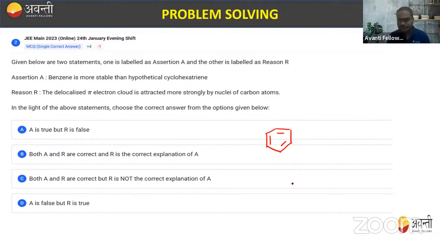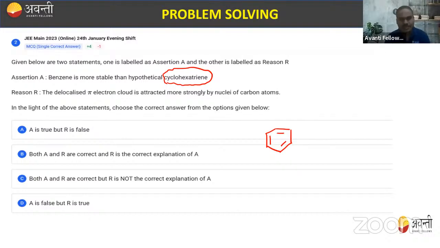Hypothetical cyclohexatriene does not exist, okay? So whether someone says hypothetical cyclohexatriene or benzene, benzene is much more stable because delocalization of electrons is possible here. This delocalization leads to the most stable electronic configuration in benzene. So the assertion is very much correct.